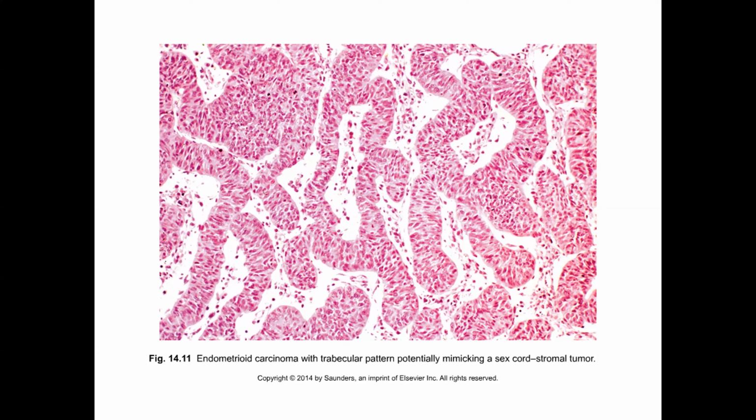Here's another pattern that you can sometimes see, this sort of trabecular pattern of elongated and chain-like nests of cells with perpendicular oriented nuclei, not much in the way of glandular lumina. This could easily be mistaken for a sex cord tumor, perhaps granulosa cell, or even a Sertoli type tumor.